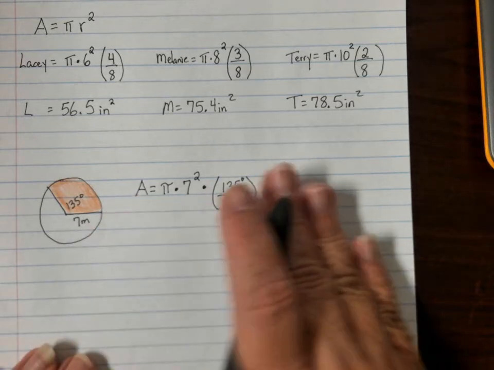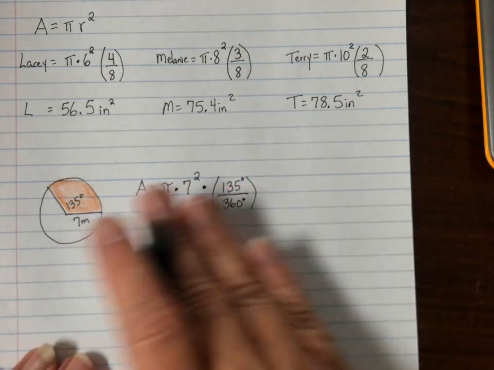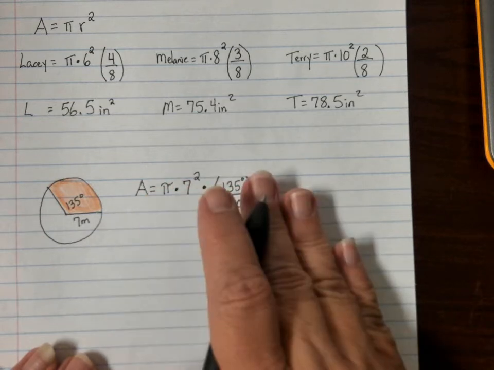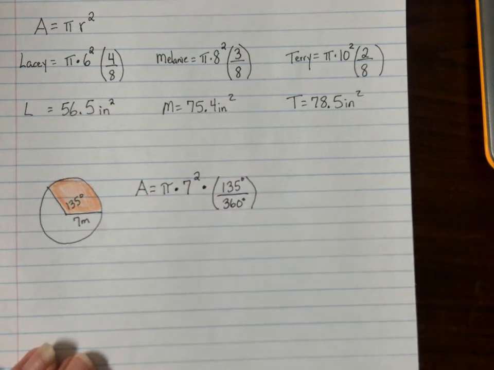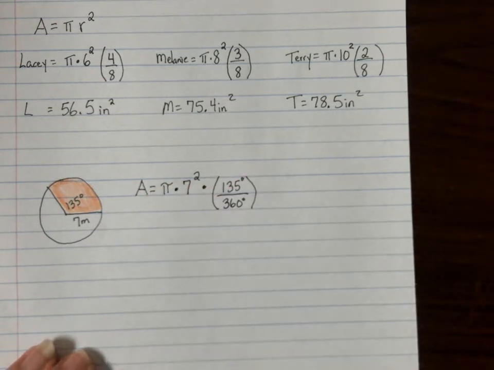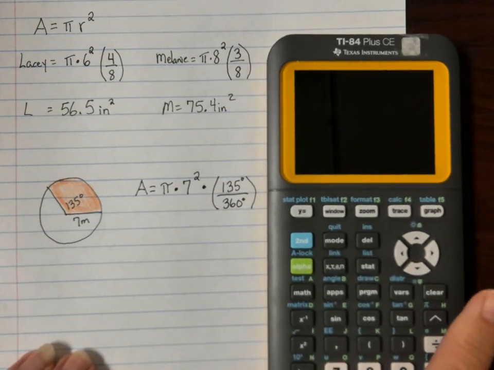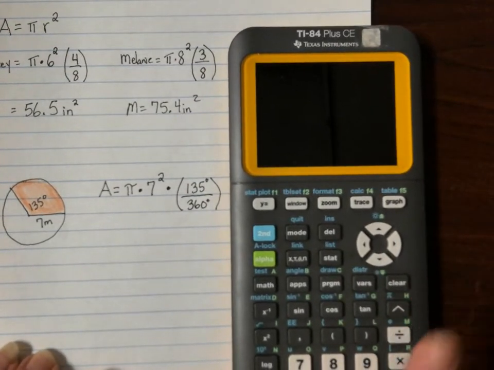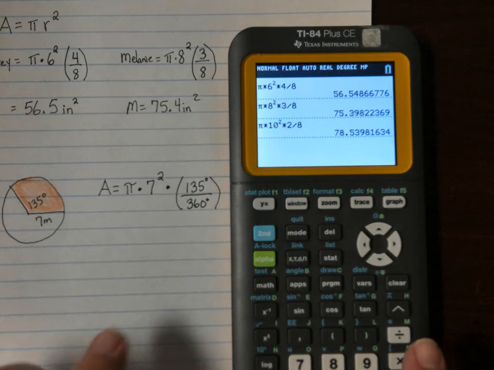So once you set it up and you've got it written down, and I strongly suggest that you do write this step out on paper, and then you pick up your calculator. I know some of you try and go straight to the calculator, and that's kind of when you can forget something.